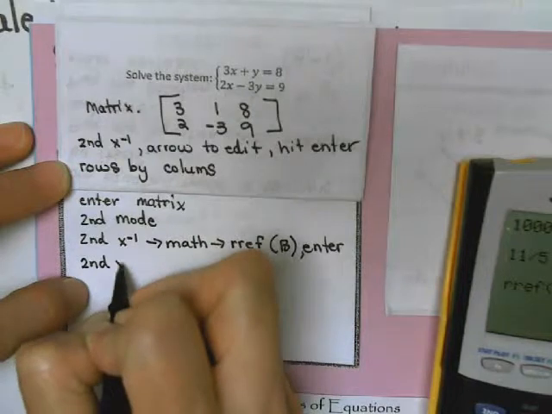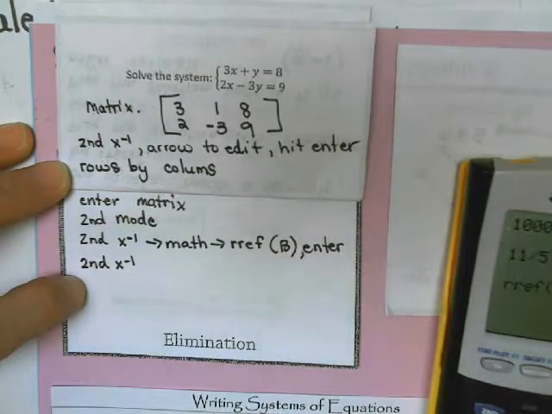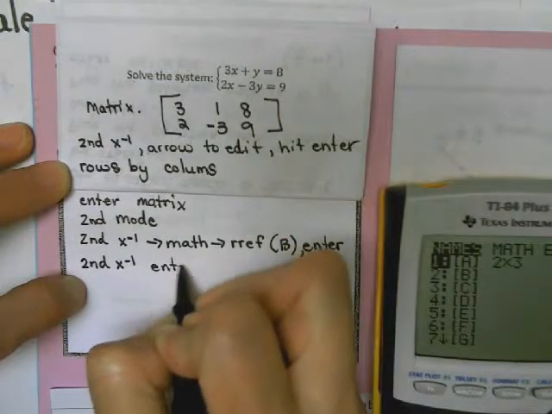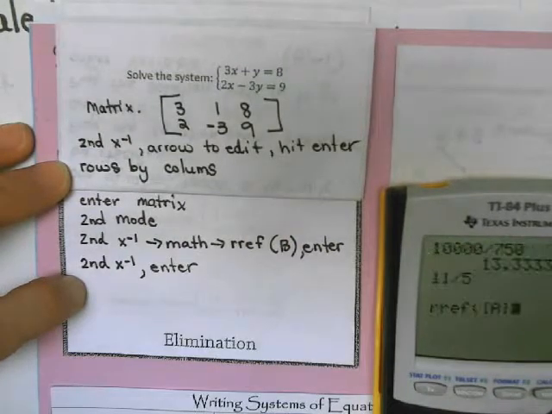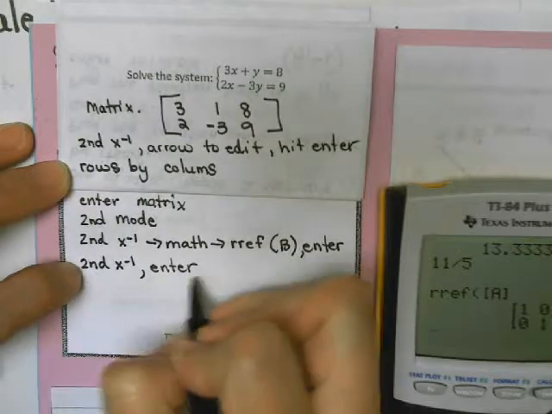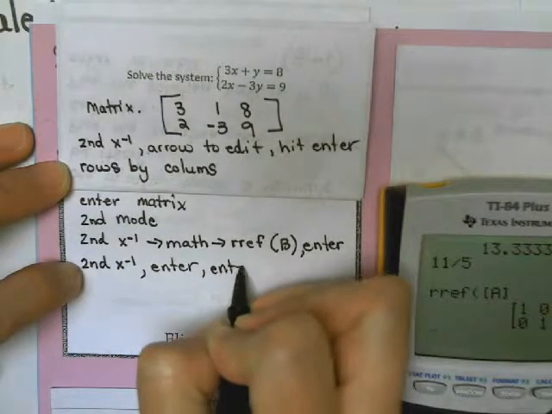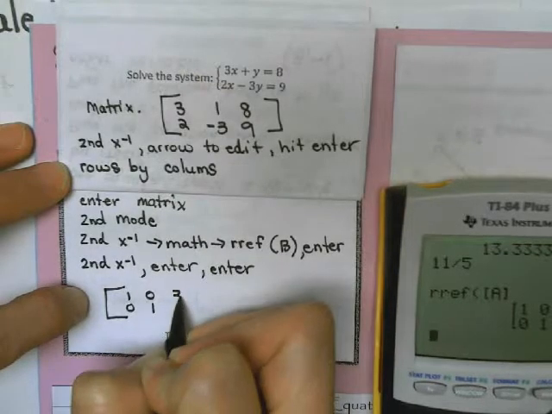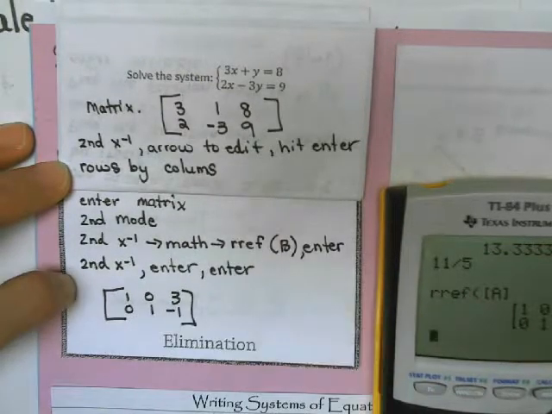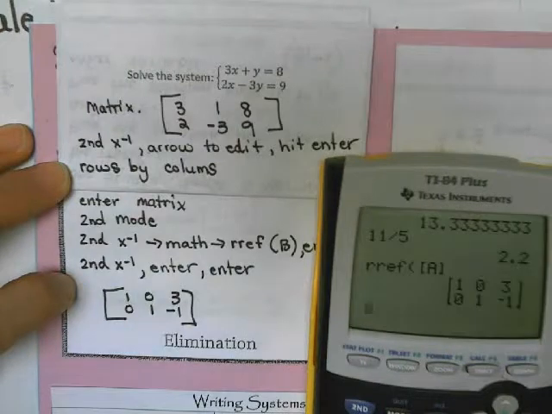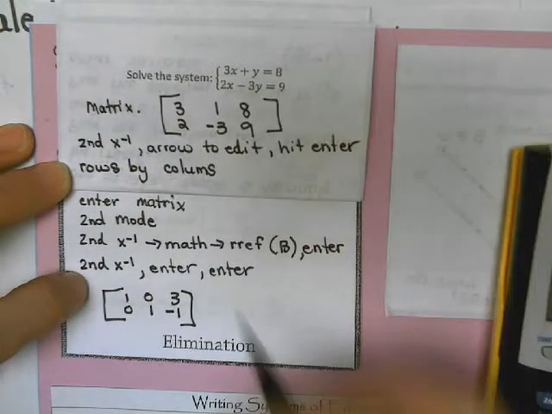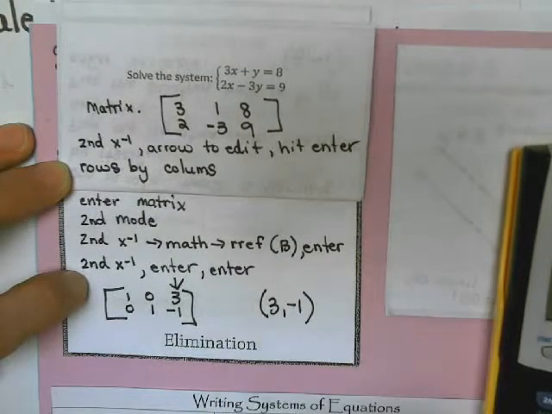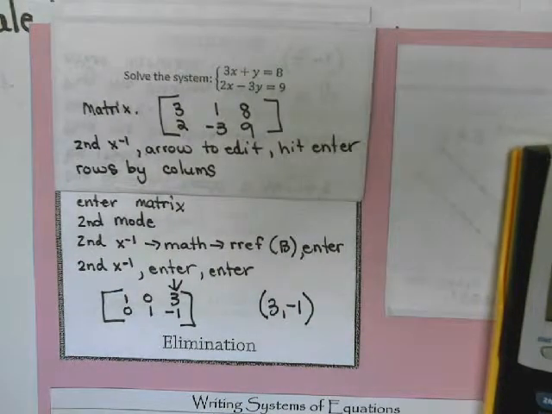Then go second x to the negative 1 again. And enter. Enter one more time. And I should get a matrix with zeros and ones. And this column right here is my solution. Okay?